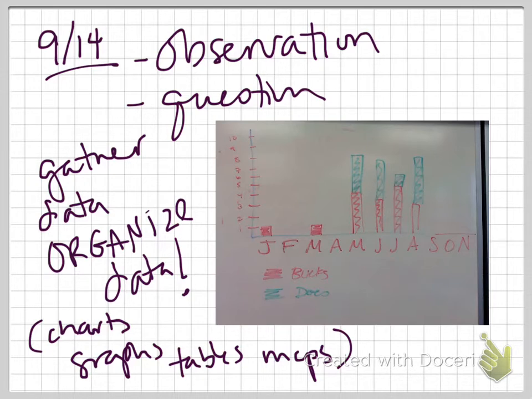So saying we saw 8 albino deer in the month of June, that's factual. But to move on from there, we have to draw a conclusion. That's called inferring. So when we go beyond just the straight up facts to drawing a conclusion about those facts, that is an inference.